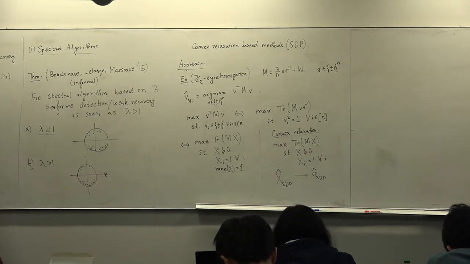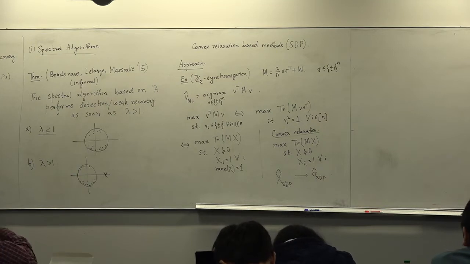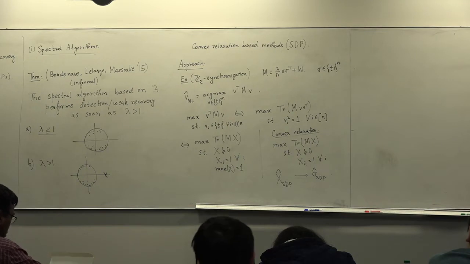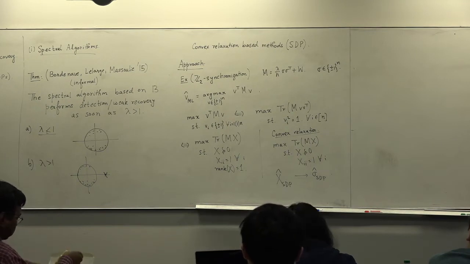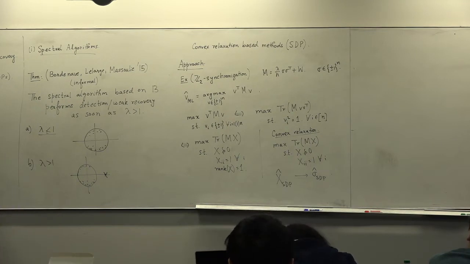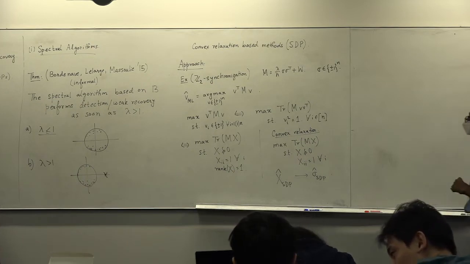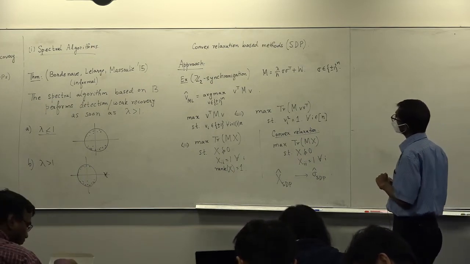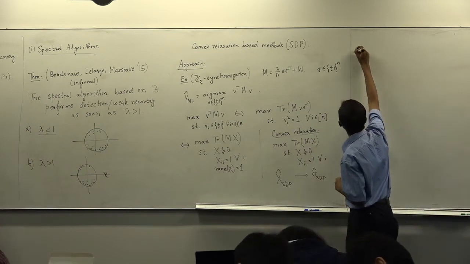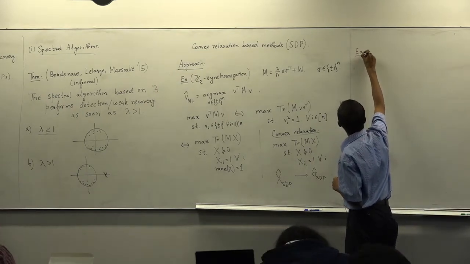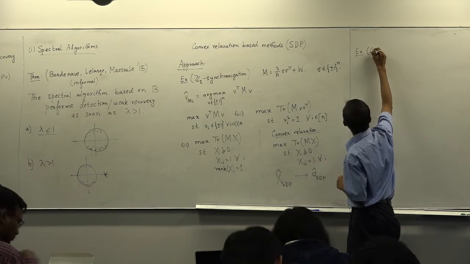But this would be a natural semidefinite programming based estimate for the underlying community structure, or the underlying spike in this case. Okay, questions? Okay, and then there is a similar algorithm that you can implement for community detection.